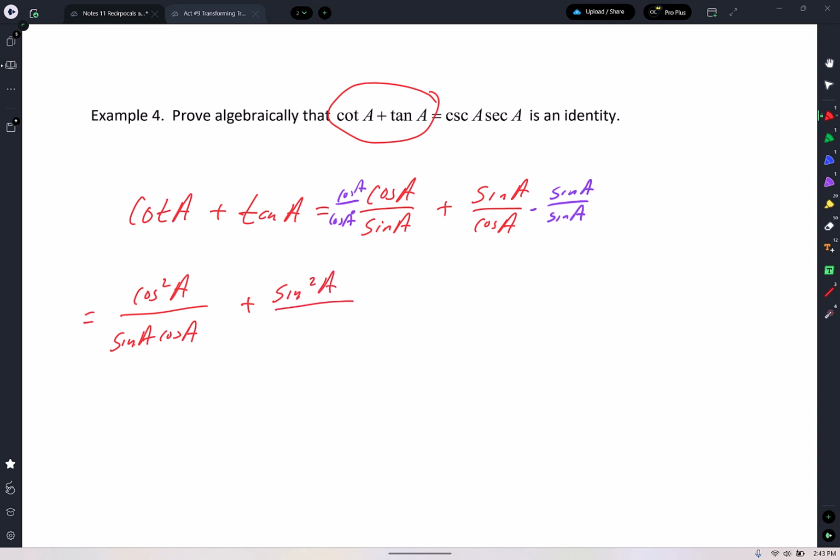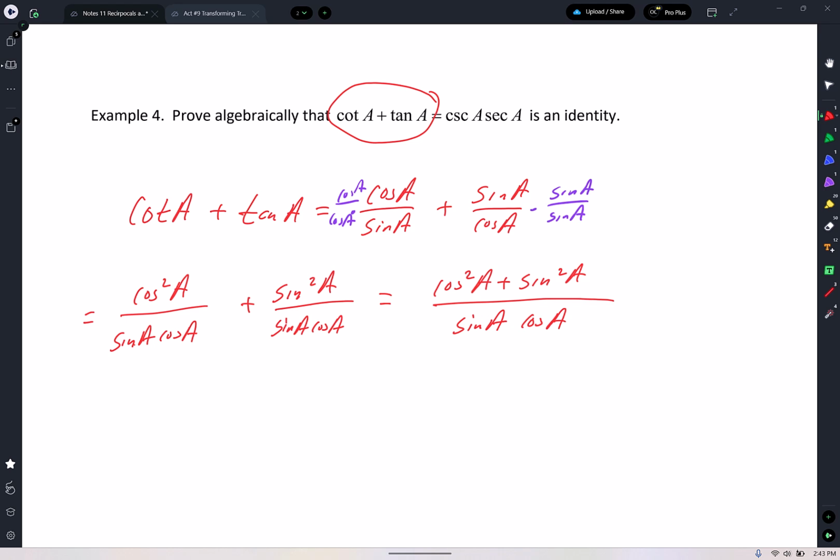And on the bottom again, I'm going to write sine A cosine A. My denominator is the same. Because they are, I can write cosine squared A plus sine squared A all over sine A cosine A. Are we still okay?